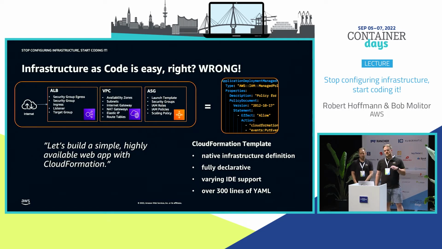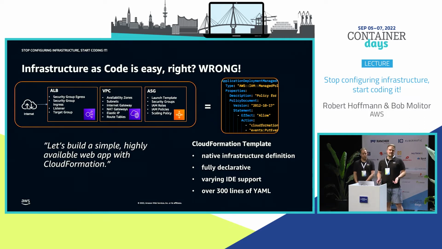Well, if we zoom in a little bit into what's actually happening, we can see it's not just a load balancer and an EC2 autoscaling group, it's actually a lot of stuff you have to think about, a lot of configuration options, lots of things you have to decide, and you have to know how to decide. So just to give you an example here, for the load balancer, we have to think about basically its firewall, which is the security group. That's how we call it at AWS.